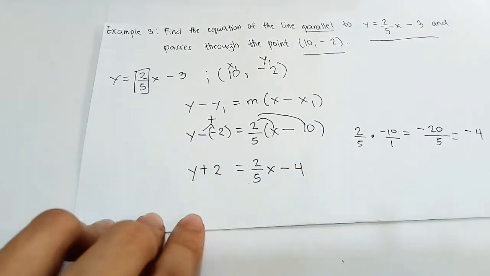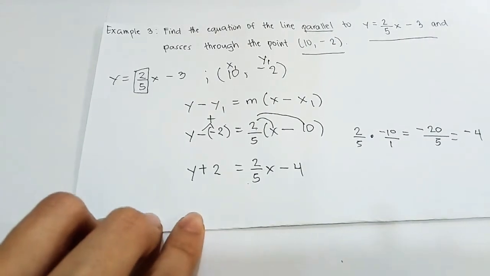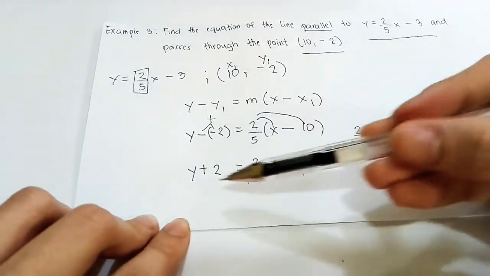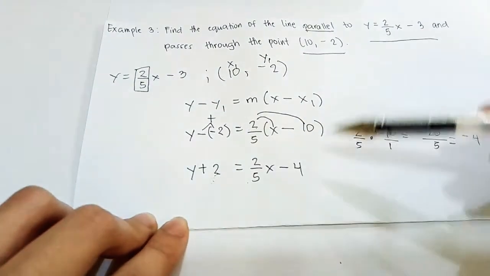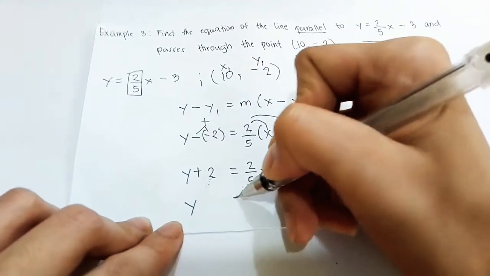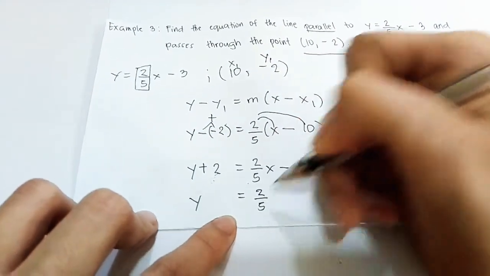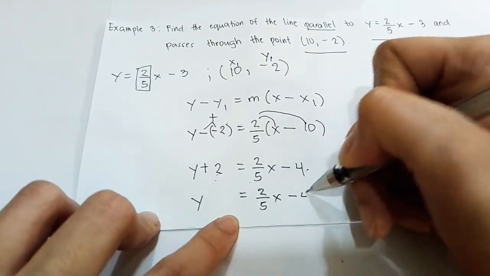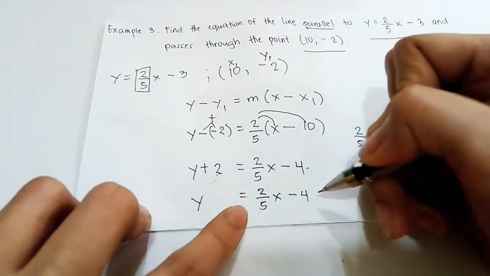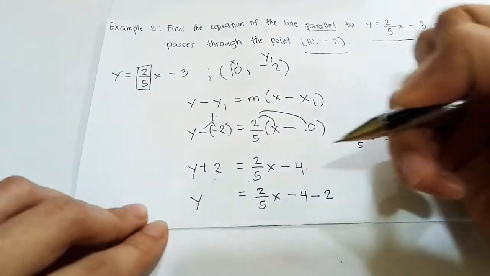And then isolate the variable y. So we are going to transpose positive 2 to the other side of the equation. So we have y equals 2/5 x minus 4. Since this is positive 2, this will become negative 2.